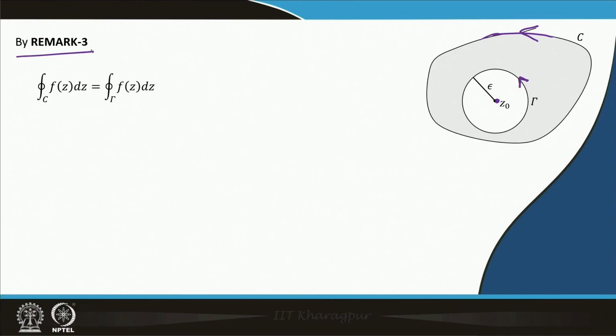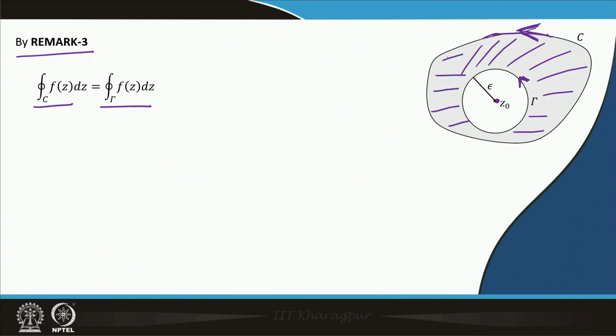Our remark says that the curve integral over C is equal to the curve integral over gamma, because our f(z) is analytic everywhere in this domain except at z equal to z0 for some m.